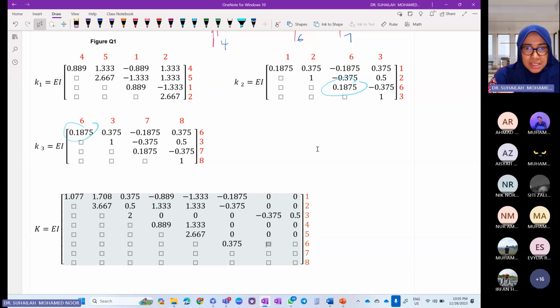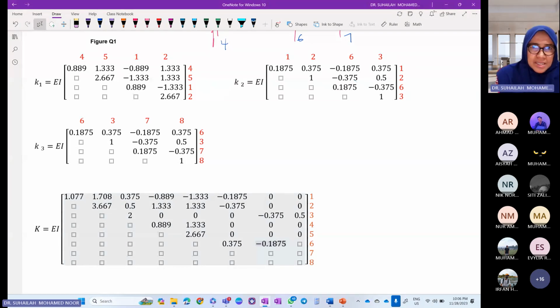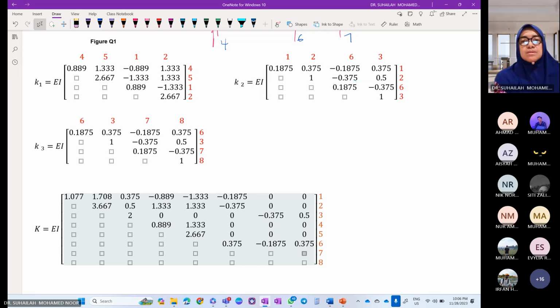Okay, it is 6,6, 6,7. 6,7: negative 0.1875. 6,7, 6,8: 0.375. 7,7. What is the answer?